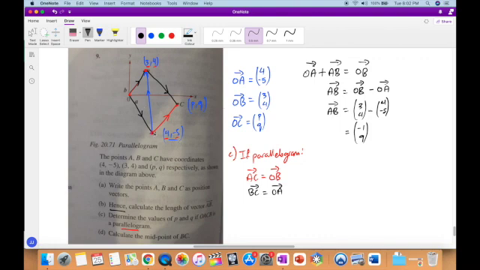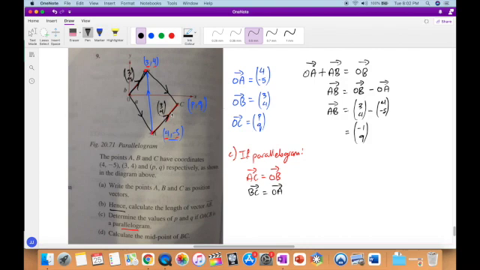Isn't this vector here equal to this vector here because it's a parallelogram? Would you agree? Yeah. And this vector OB, that is the vector 3, 4. Would you agree with that? Yeah. So that means that this vector here is the vector 3, 4. Would you agree with that? Yeah.